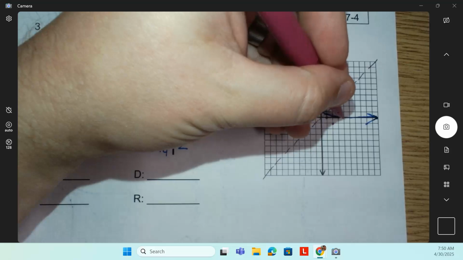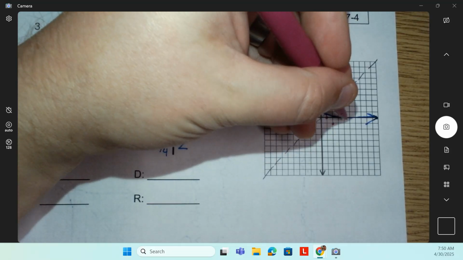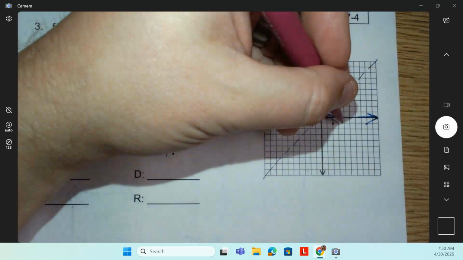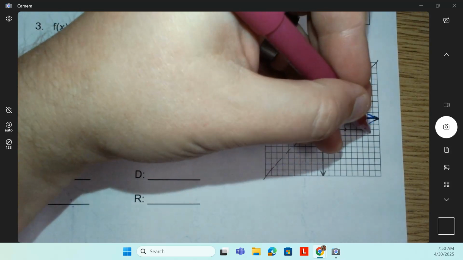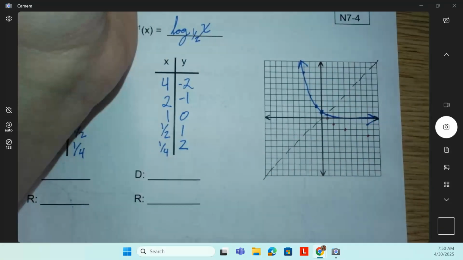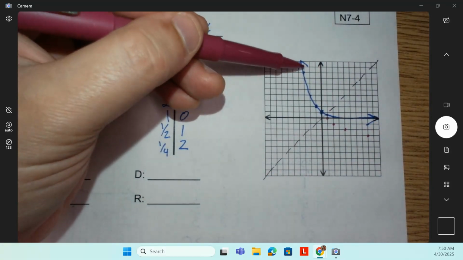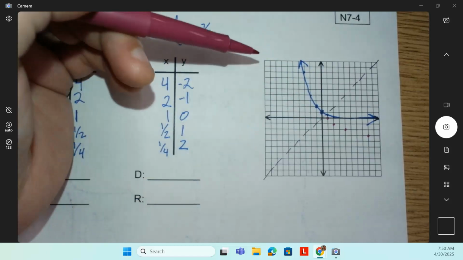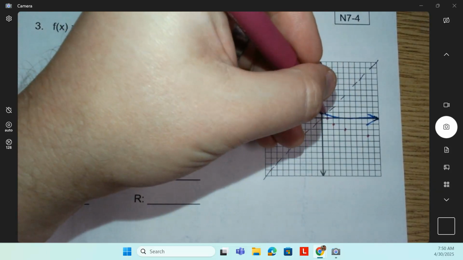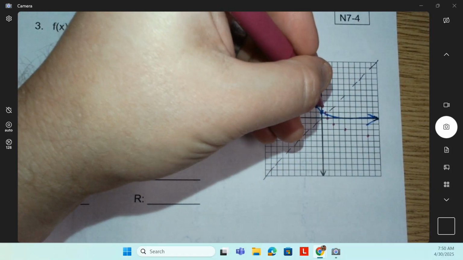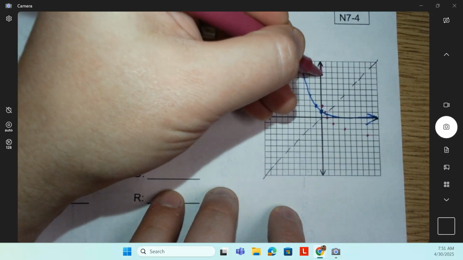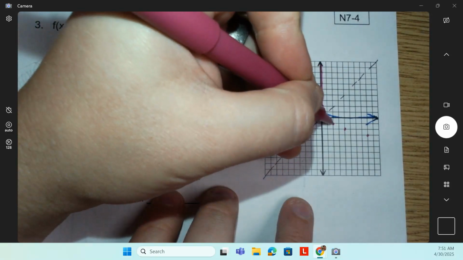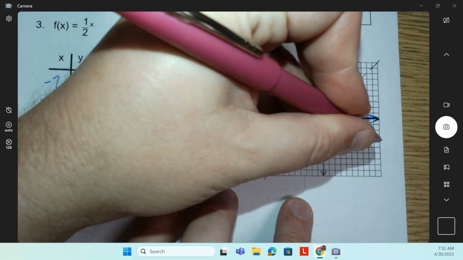And when x is 4, it's at -2. And when x was 8, it'd be right there. So if we look at the way this one's coming down, kind of going in the same way. Then 1/2 and 1/4 up there. So we know it comes down following this line and then moves out that way.